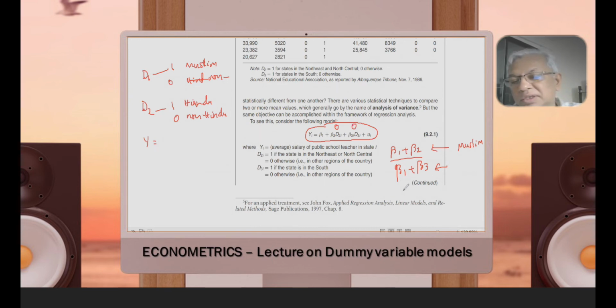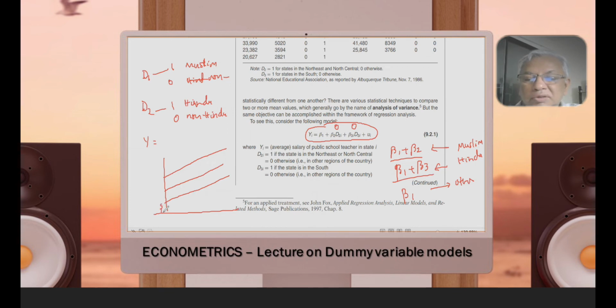So the coefficient, the income, is beta 1. I'm just giving an example, and this is for others. So we now realize the intercept for Muslim looks like this. Imagine that Muslim has the highest income. So this will be Muslim, this will be Hindu, and let's say this is the other religion.